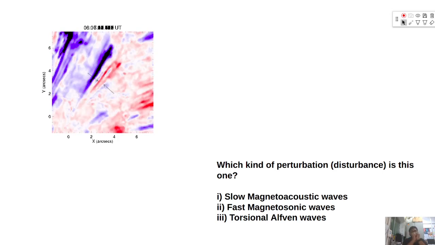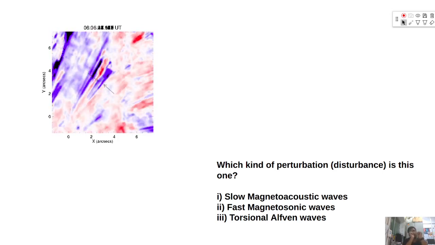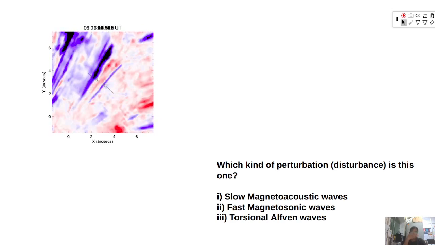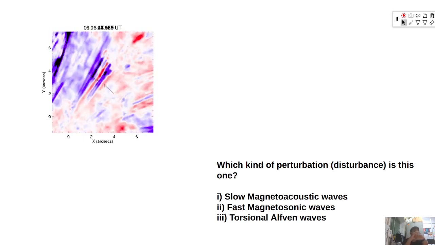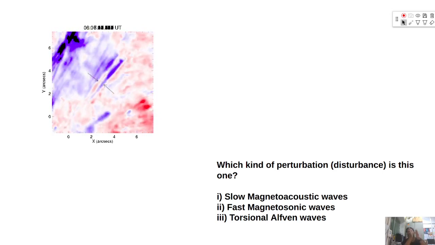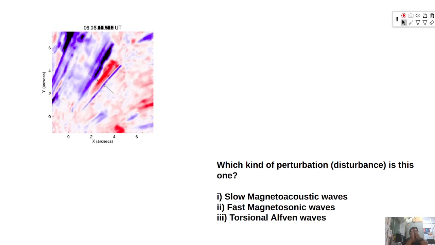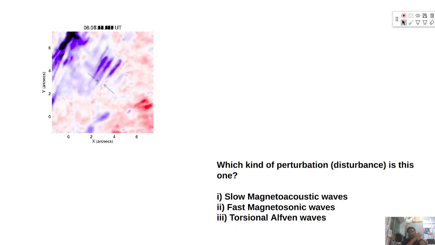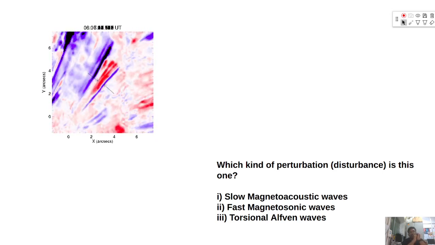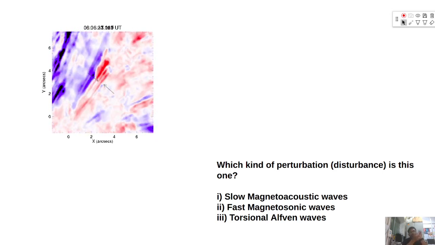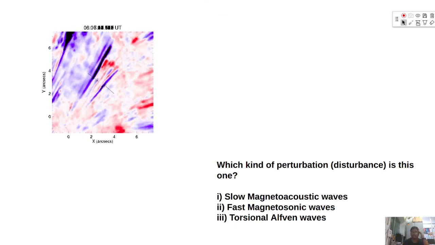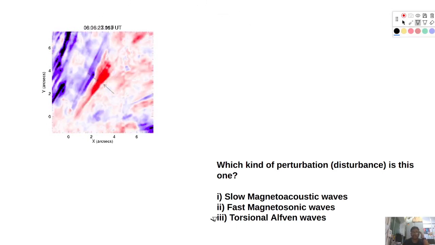But in the case of a torsional Alfvén wave, we may track it in intensity images also, but it is better to look at the Dopplerogram. It will give you the idea of this back and forth motion along your line of sight, so that can be a signature of a torsional Alfvén wave. So this is basically a signature of torsional Alfvén waves.